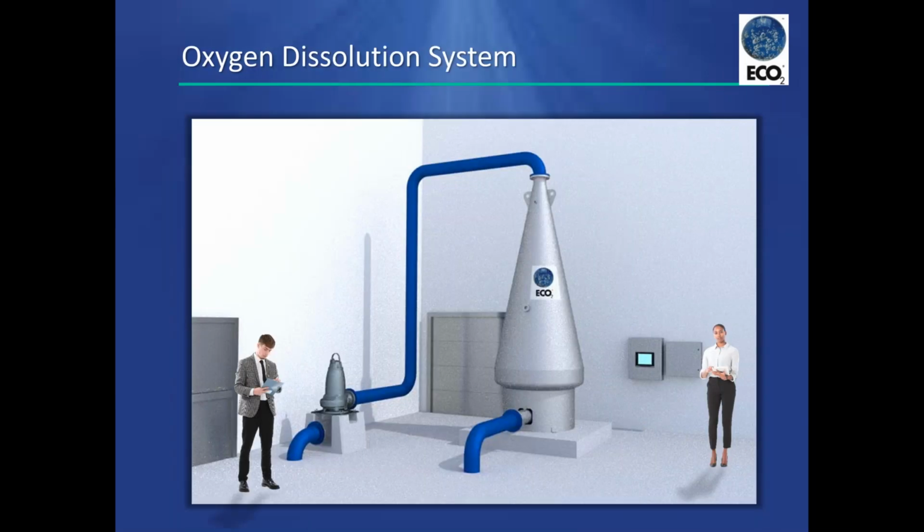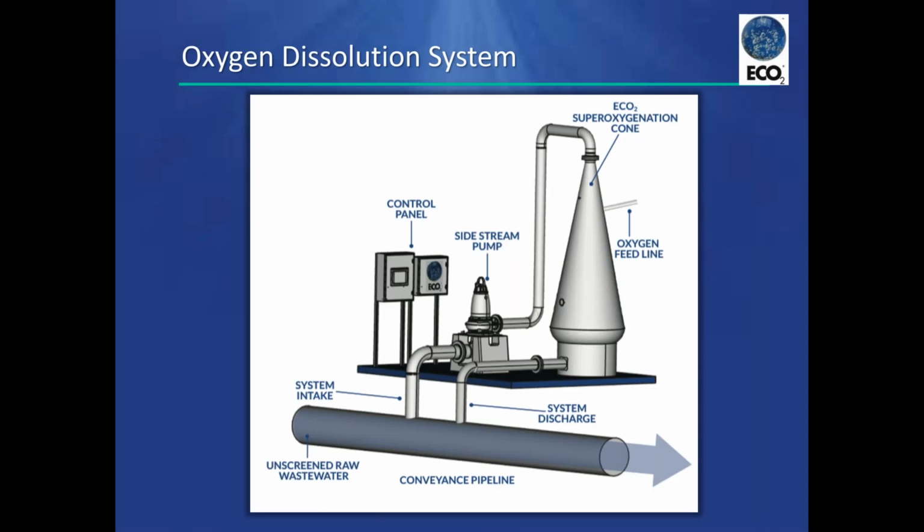So this is a mock-up of what the system might look like, and they come from very small to extremely large systems, all based on the demands of the site. So let's take a look at what this side stream looks like. We're basically tapping off of a conveyance pipeline for this side stream process. So we would tap off of either a collection line, or today we're going to be talking about a mixed liquor line from an aeration basin over to a clarifier.